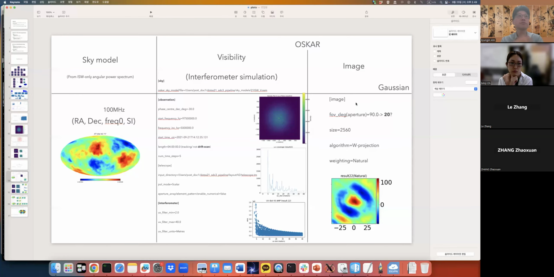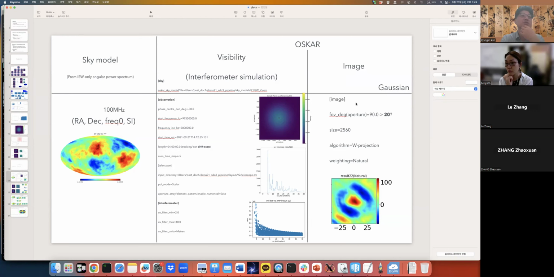That's true. So it's the same thing. If you can remove the foreground, then you are removing both the Milky Way and the extragalactic component. In the paper we just showcase that the Milky Way and the ISW are completely uncorrelated, so you can just remove it naturally. But in reality it may not be.